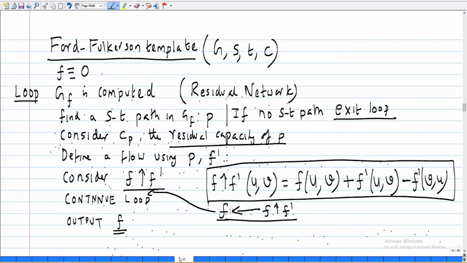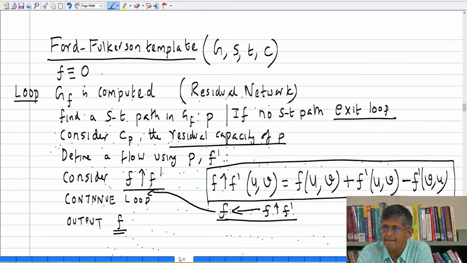You start with G_F, you start with a zero flow, you compute G_F, you find a path. If the path is there, what can you say about the residual capacity of the path? Can the residual capacity be 0? Is it more than 0? Is it less than 0? What is it?